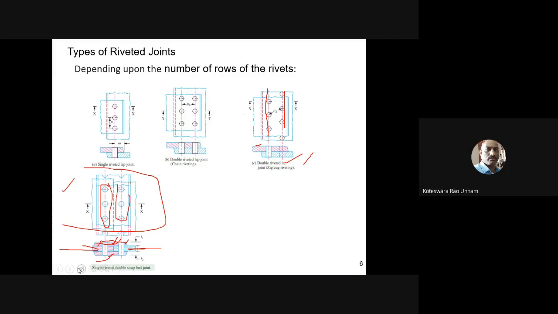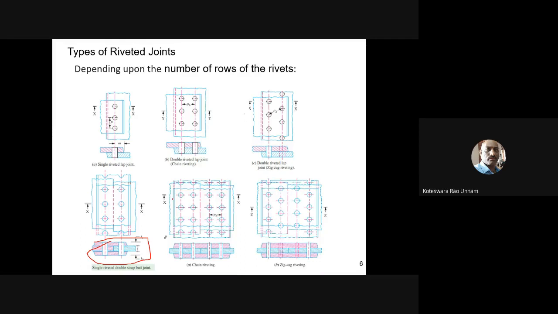Again, these are based on the given specifications only, on how the joint looks. If I use two cover plates, I'll call it double strap. If I use only one cover plate, I'll call it single strap. See here again, these are also double strap only. This is also double strap and this is also double strap. The only thing is, here you have multiple rows and here you have only a single row.